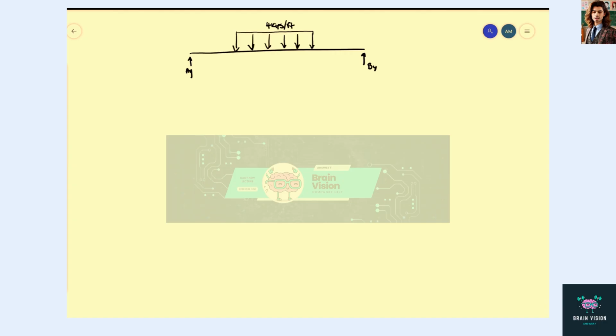And of course, also we have this and this. Both are 8 kips. And between here and here, it's 2 feet, and here, it's 5 feet.